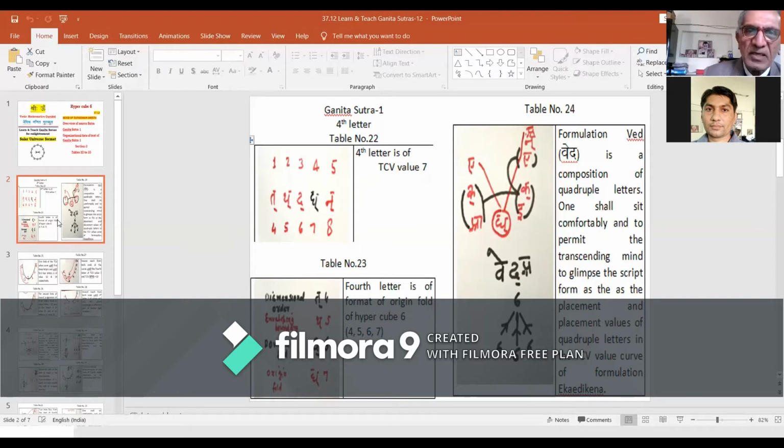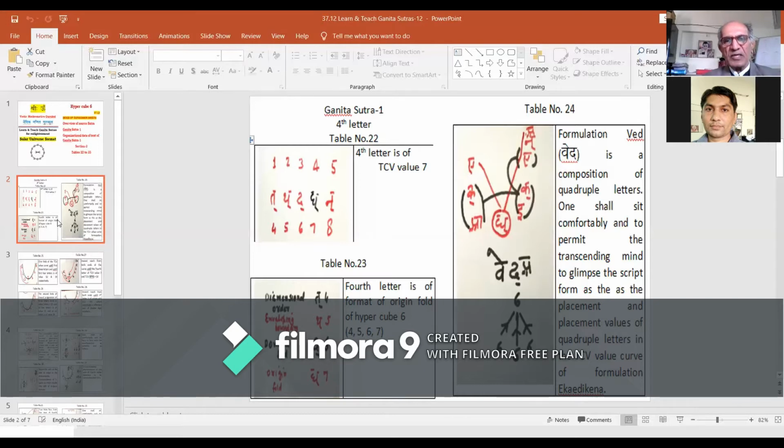We will be in the fourth letter placement of the fourth row of the 5 cross 5 Varga consonants. As is tabulated, TC value is 7. Therefore, the first feature, the first contribution because of letter Dha, is the value 7.